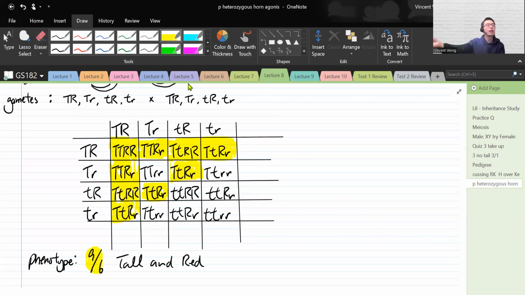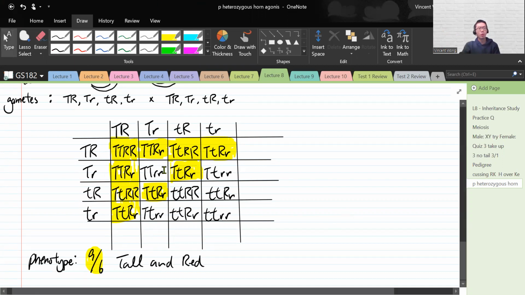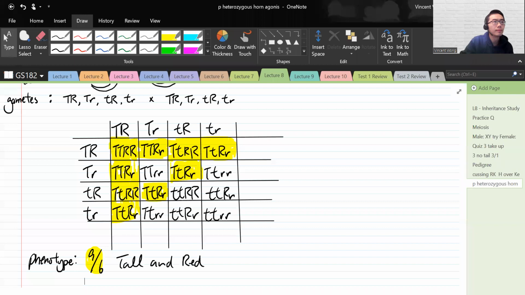What is another phenotype, sorry, another physical appearance that we can look for? Anyone else want to try? Like, what would this one be? What does it look like, the plant? I think it's also be tall as well.